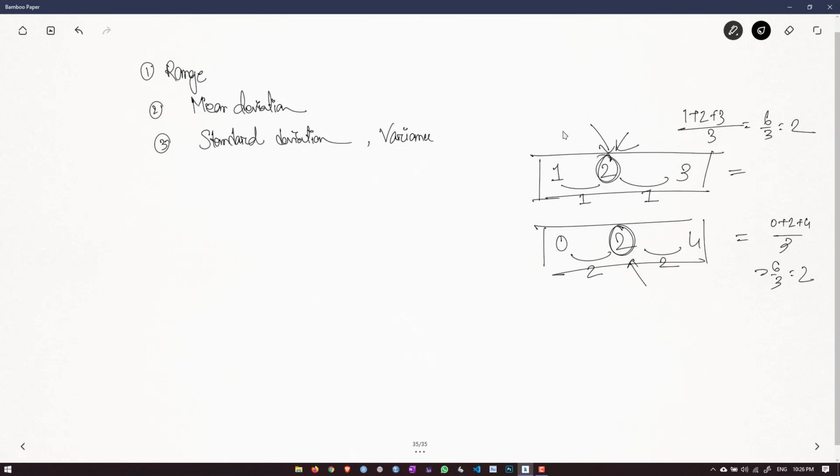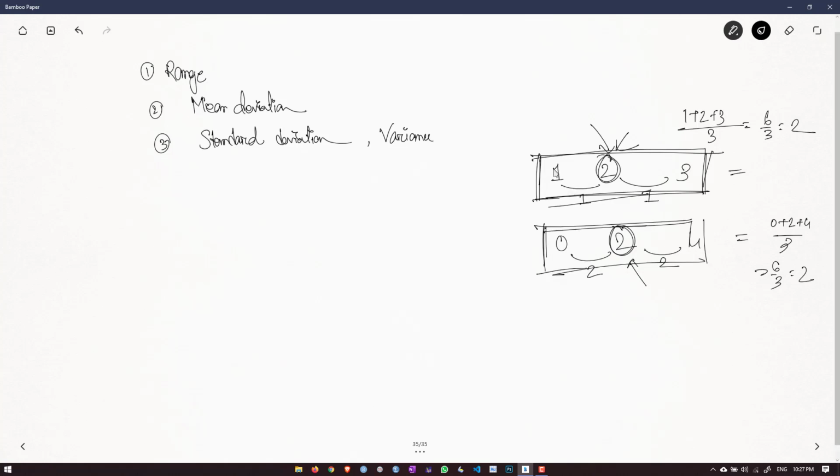Both have the same arithmetic mean and median, so I cannot distinguish between these two data sets based only on arithmetic mean or median, or in general on the basis of central tendency.